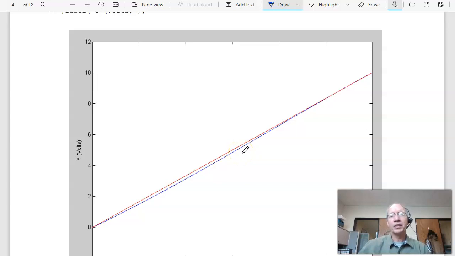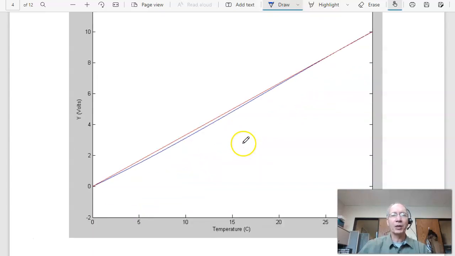And actually it would be a slightly better design, instead of choosing the linearizing circuit to make the resistance linear, to choose it to make the voltage linear. That's not what was asked for, but that would actually be better to do. But you still wind up with a pretty close to a straight line, voltage between 0 degrees and 30 degrees Celsius.